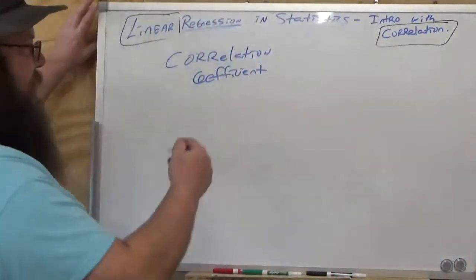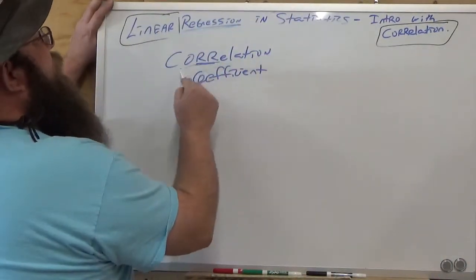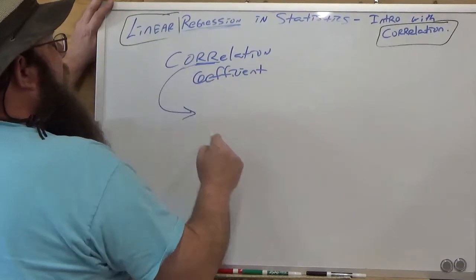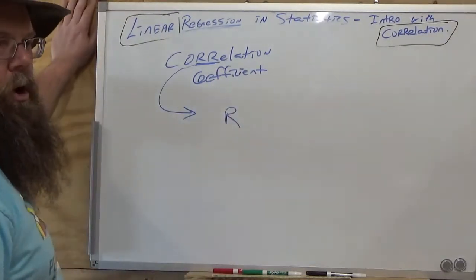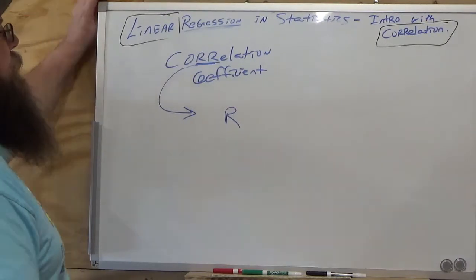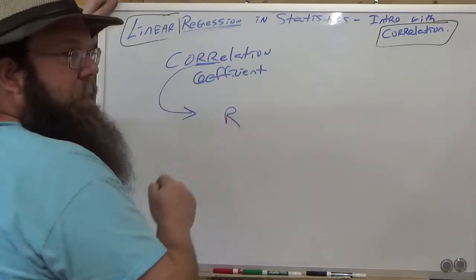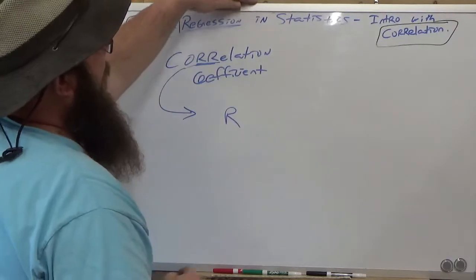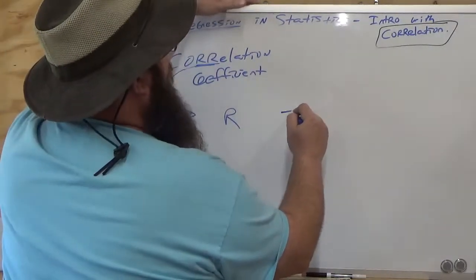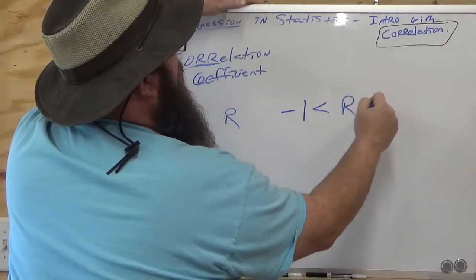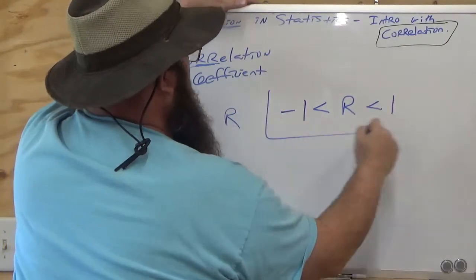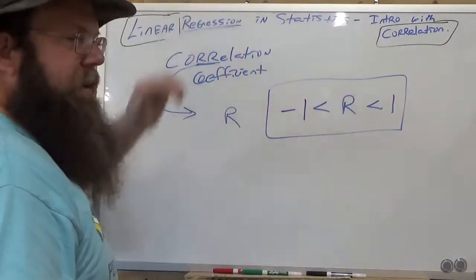So the correlation coefficient, because there's two R's, mathematicians have chosen the small lowercase r to represent the correlation. So correlation is represented by the letter r. And r varies from -1 to 1.